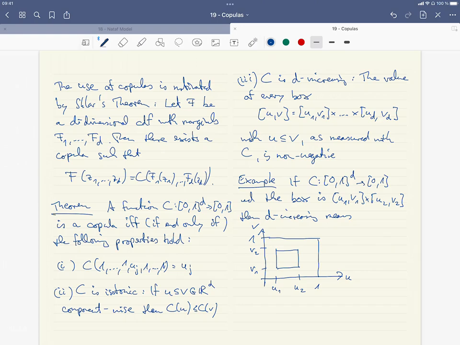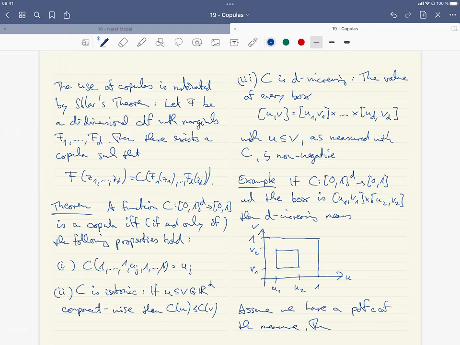And what do I actually do in order to compute the measure? So assume we have a PDF of the measure, and let's call this little c.